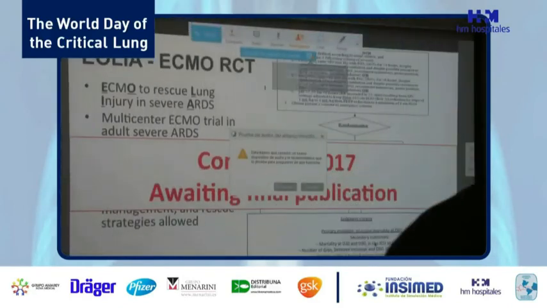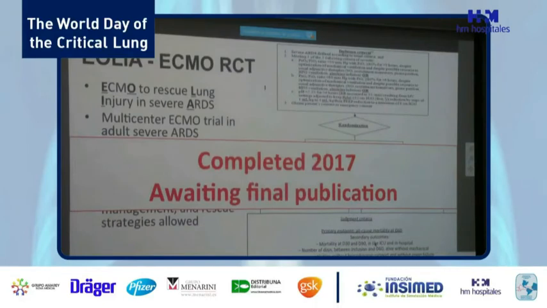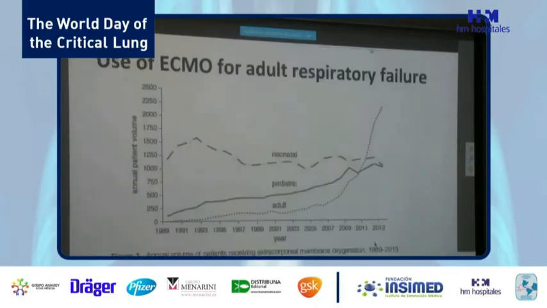So in the absence of strong randomized controlled data, what we have is largely observational data, primarily since 2009. You can see here a graph from the ELSO registry showing the use of extracorporeal support in the neonatal, pediatric, and adult populations, and the growth in ECMO is largely driven by a growth in adult respiratory failure since 2009, when the H1N1 pandemic hit the globe.